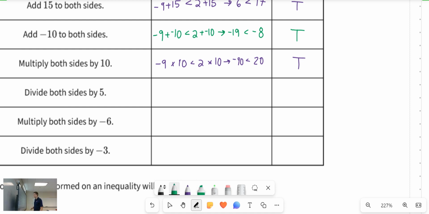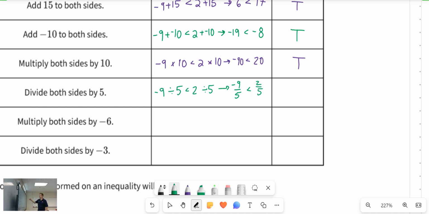Let's go back to the green. Here we go. Divide both sides by 5. All right, -9 divided by 5 is less than 2 divided by 5. So -9 divided by 5, I'm actually going to write this as -9/5, and 2 divided by 5, I'm going to write as 2/5.